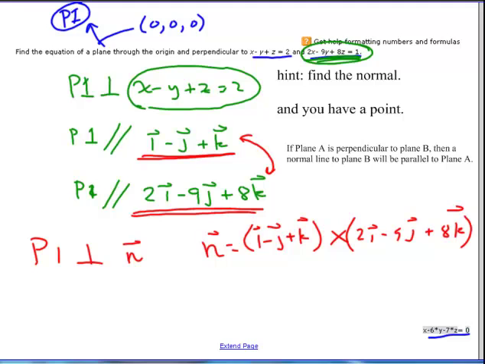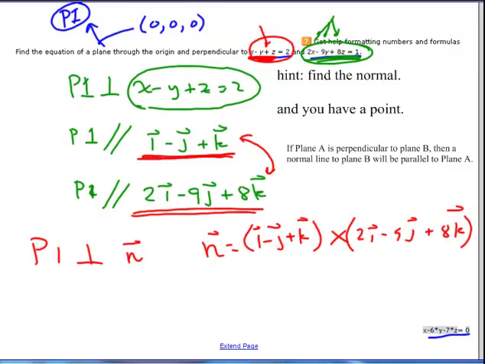So let's just take a minute here to really wrap our head around that. The idea being, our plane 1 is perpendicular to this plane, which means that it's parallel to the line normal to this plane. So plane 1 is parallel to i minus j plus k, which we got from these coefficients, and plane 1 must also be parallel to 2i minus 9j plus 8k, which we got from these coefficients.